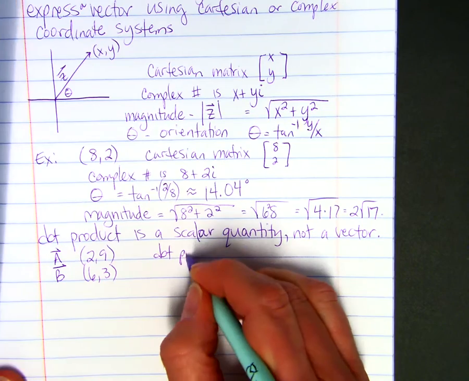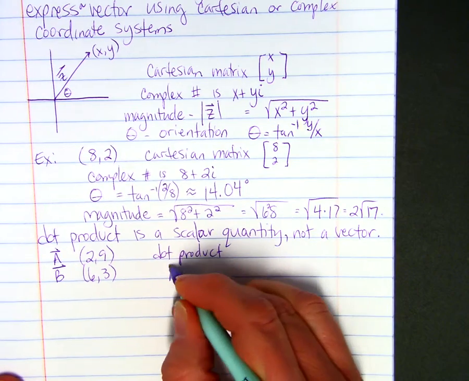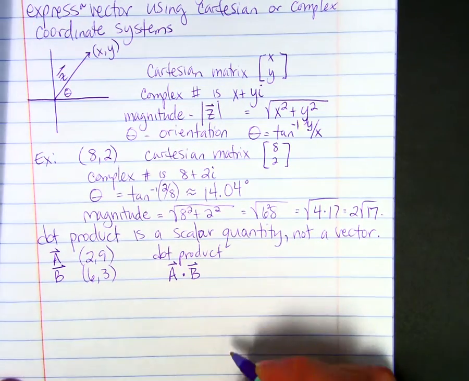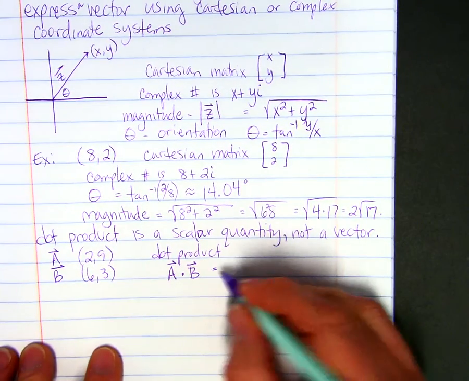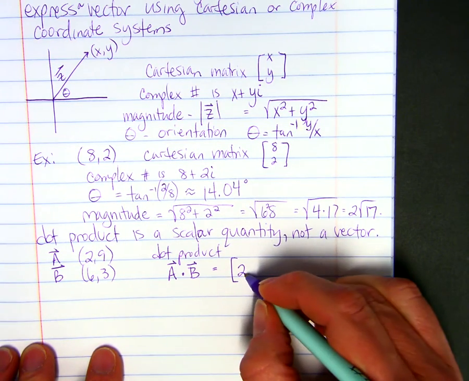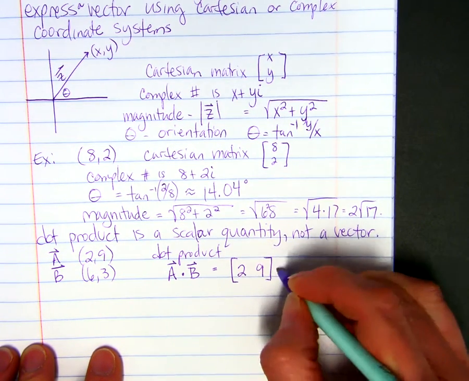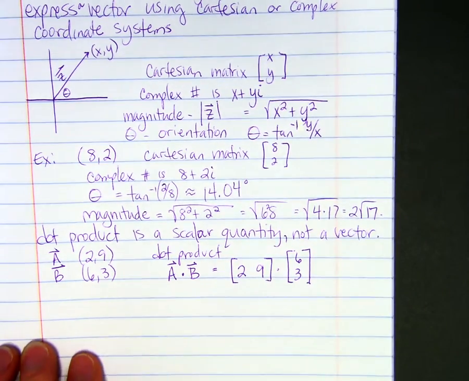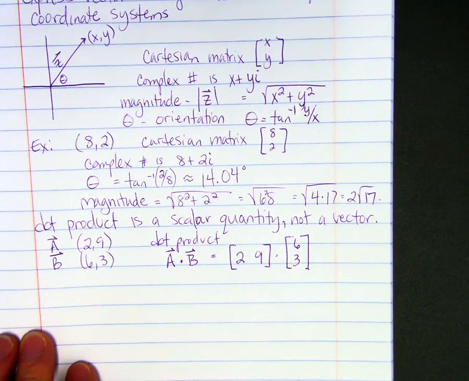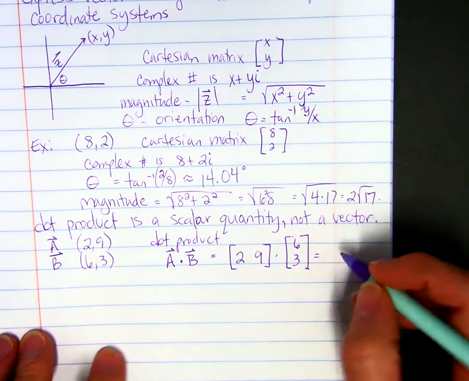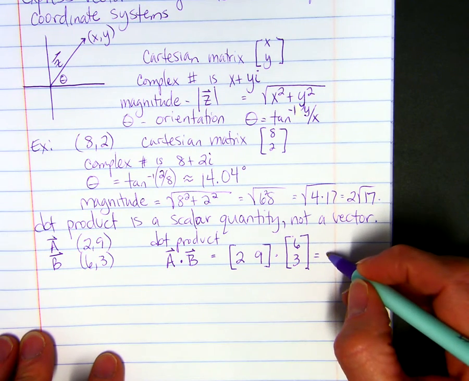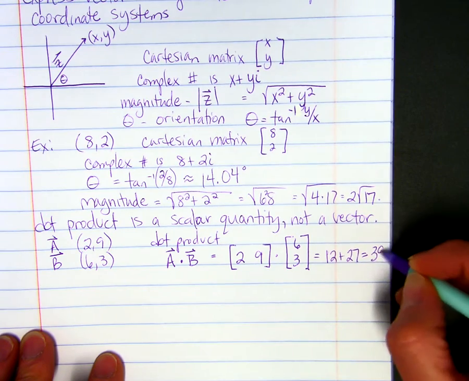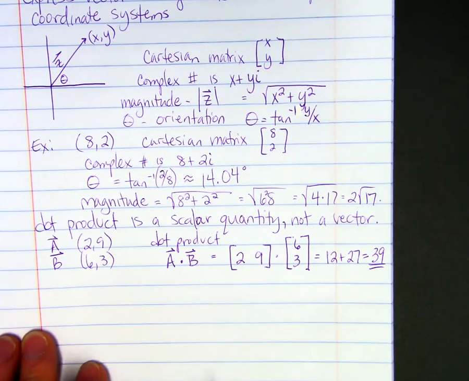We do vector A dot, which is the product, vector B. We do 2, 9 dot 6, 3. That equals 12 plus 27, which equals 39. So the dot product of these two vectors would be 39.